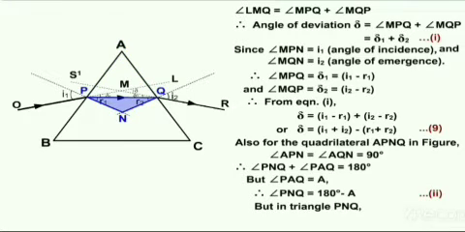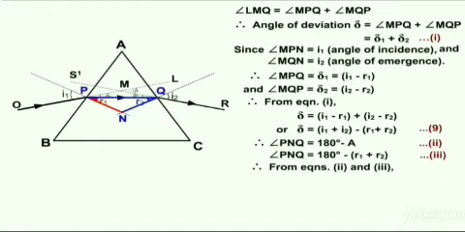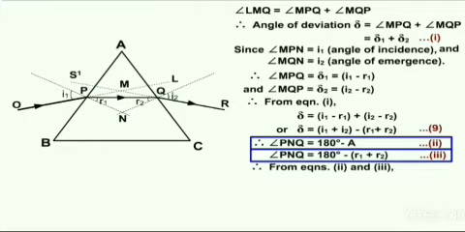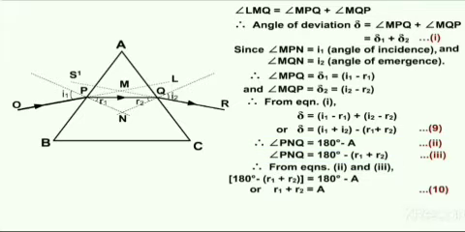But in triangle PNQ, angle PNQ is equal to 180 degrees minus R1 plus R2. Let this be equation third. Therefore, from equations second and third, 180 degrees minus R1 plus R2 is equal to 180 degrees minus A, or R1 plus R2 is equal to A. Let this be equation 10.